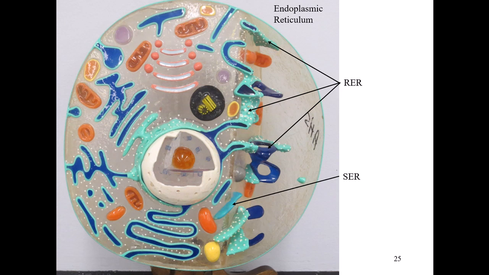Our second membranous organelle is going to be the endoplasmic reticulum. So we can divide the endoplasmic reticulum into two types. If you recall from part one, sometimes ribosomes are attached to the endoplasmic reticulum. So these white dots right here, just as a review, are the ribosomes. When they're attached to the endoplasmic reticulum, we call that the rough endoplasmic reticulum.